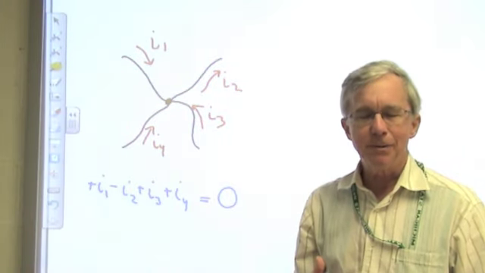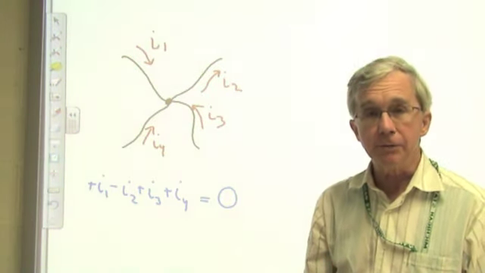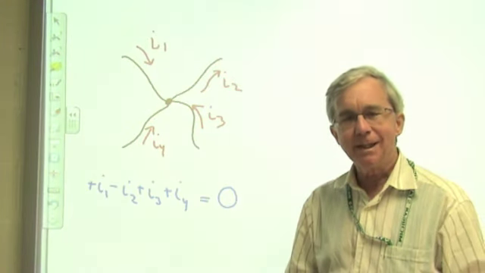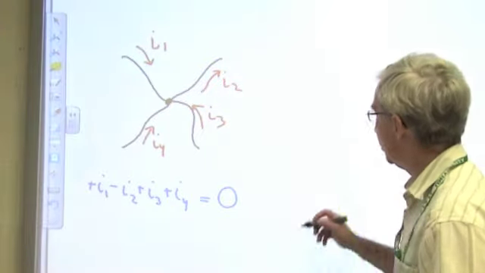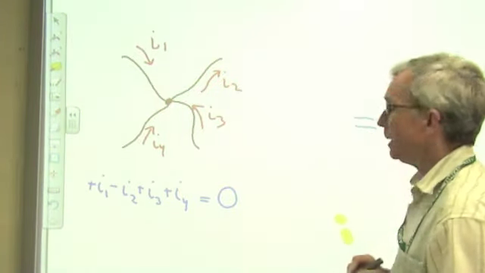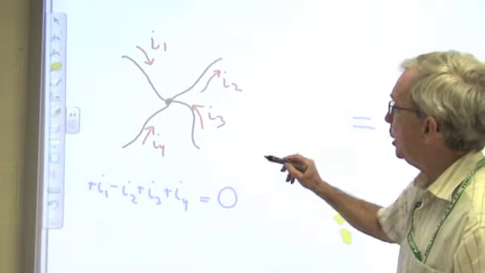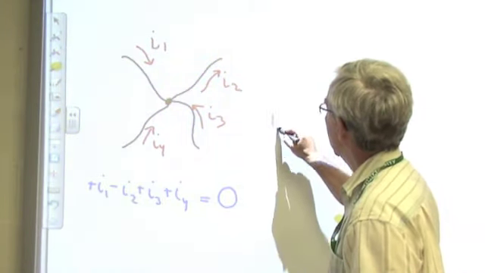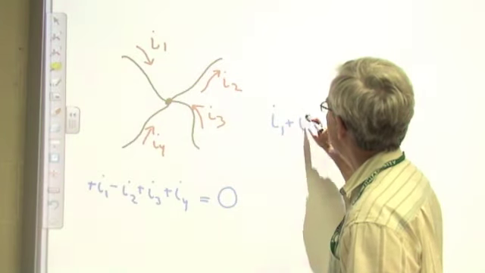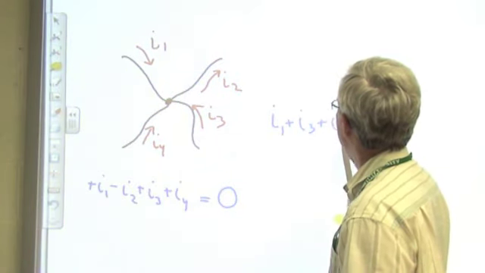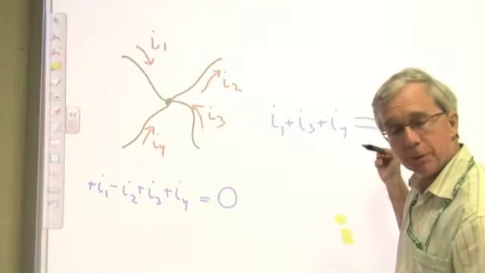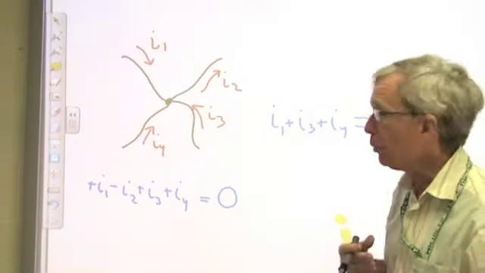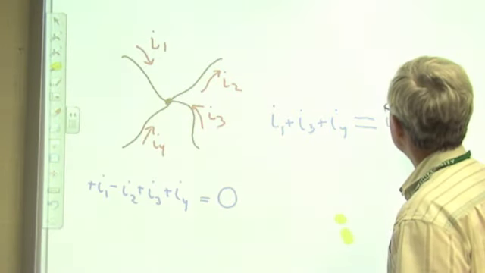Or sometimes people say, well, the sum of the currents entering a node is equal to the sum of the currents leaving the node. You can implement KCL from that perspective by putting down an equal sign, and then on the left-hand side, put down all the currents that have arrowheads pointing into the node, I1, I3, I4, and on the right-hand side, simply put down the currents, as many as there are, who have arrowheads pointing away from the node, in this case I2.